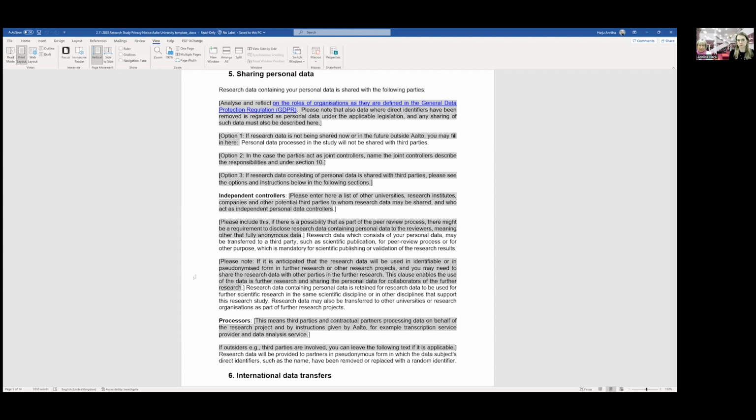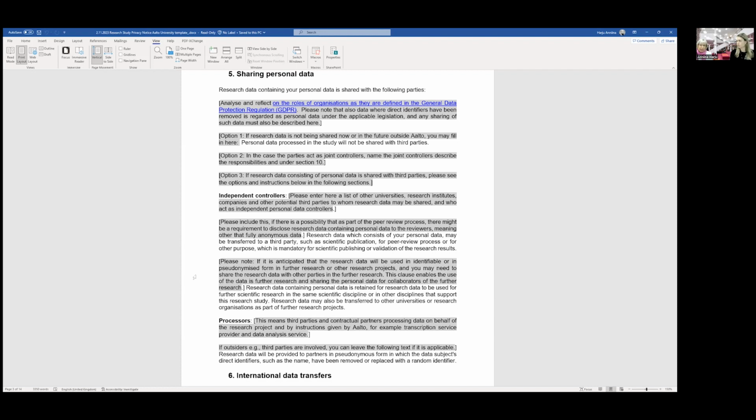which is important for continuing the research, because the GDPR recitals actually state that it could be used for further research in some cases, which we have stated here.